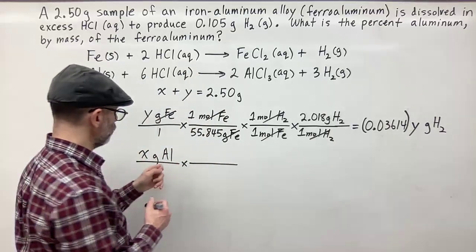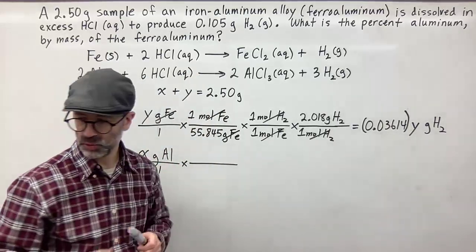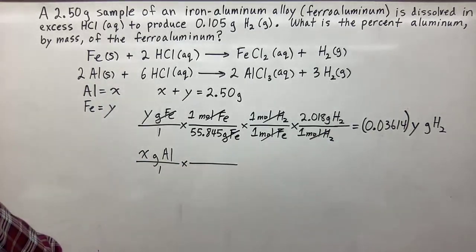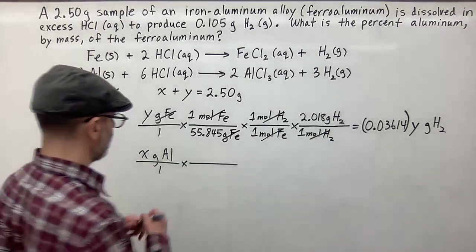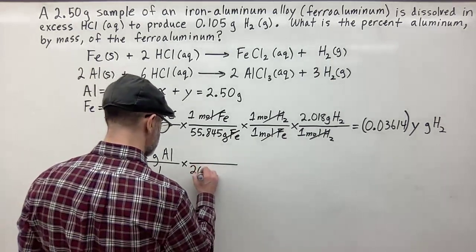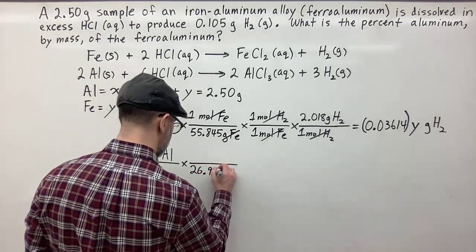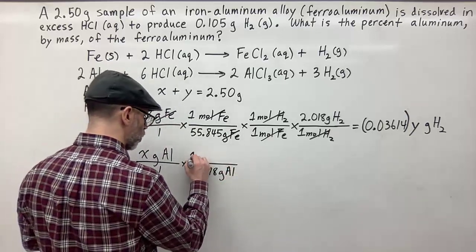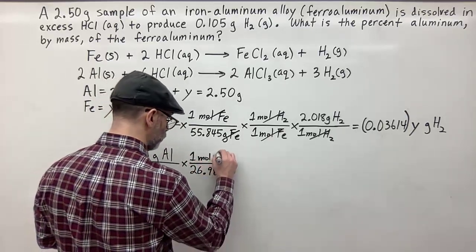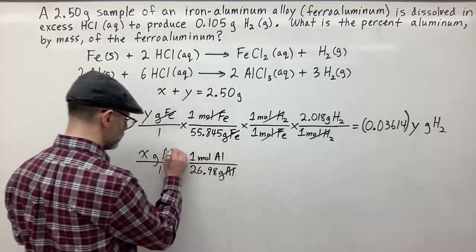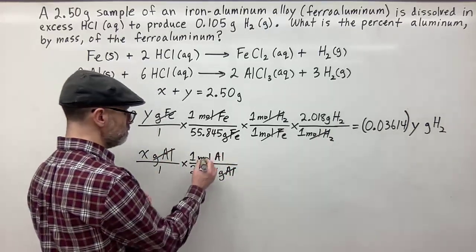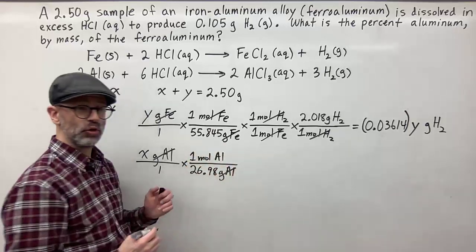So I'm going to use the molar mass of aluminum. When I look it up, I get 26.98 grams of aluminum on the bottom, 1 mole of aluminum on top. So grams cancel out, and now I have moles of aluminum on top.